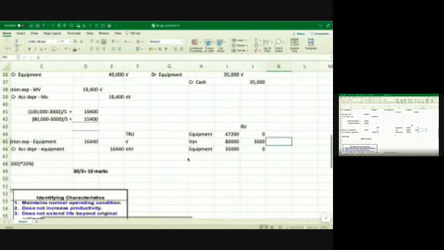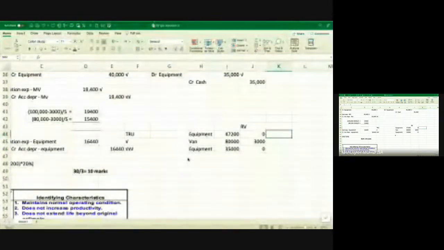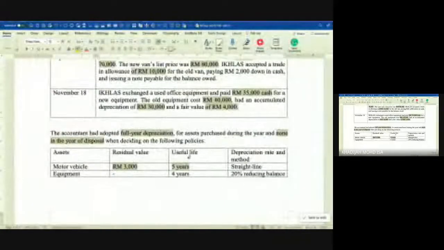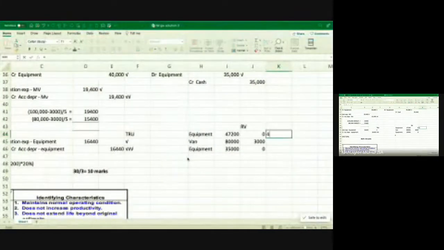So what you do? Straight line. Number of years. For equipment, number of years is 4 years. Motor vehicle is 5 years. So this one is 4 years, 5 years, and 4 years.